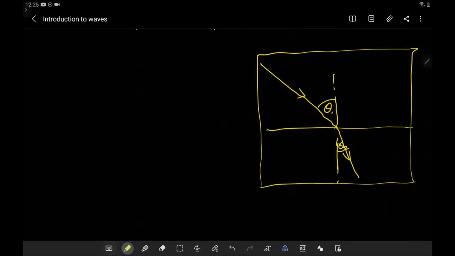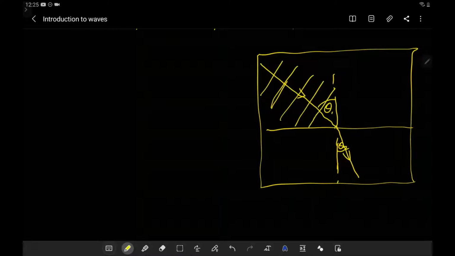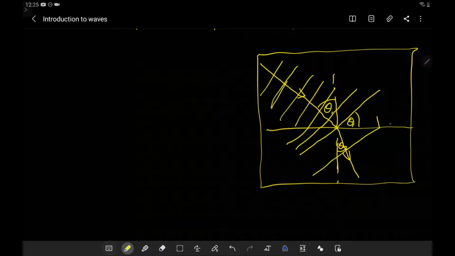And we have our wavefronts coming in on this line, so this here will also be theta 1. And so on, this here will also be theta 2.